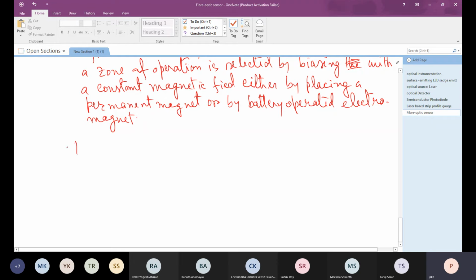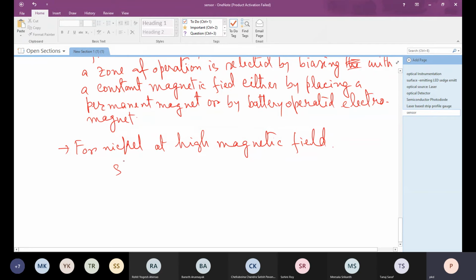Now for nickel, at high magnetic field, strain epsilon 3 equals K1 h to the power half.